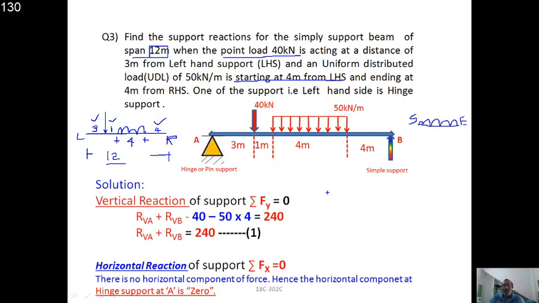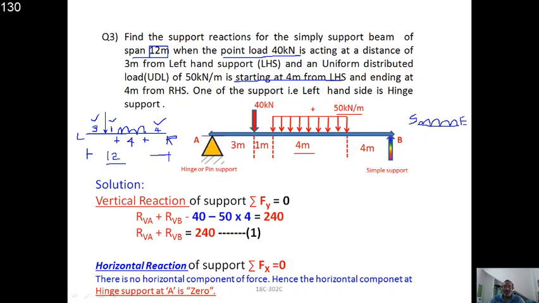So in this problem we need to convert the UDL into a point load. So that will be the best. So how to convert the UDL into a point load? There is a simple solution. Multiply the occupied length by its magnitude. Therefore 4 meters is the occupied length and 50 kilonewton per meter is its magnitude.